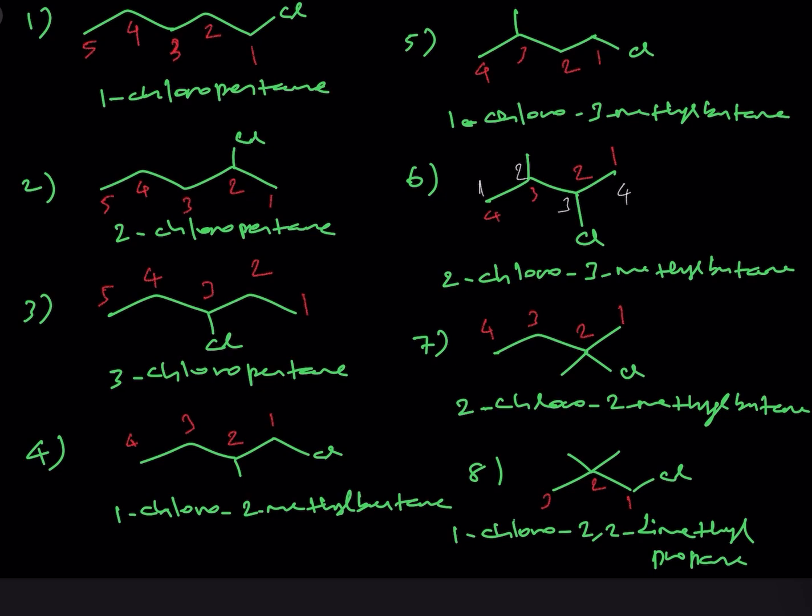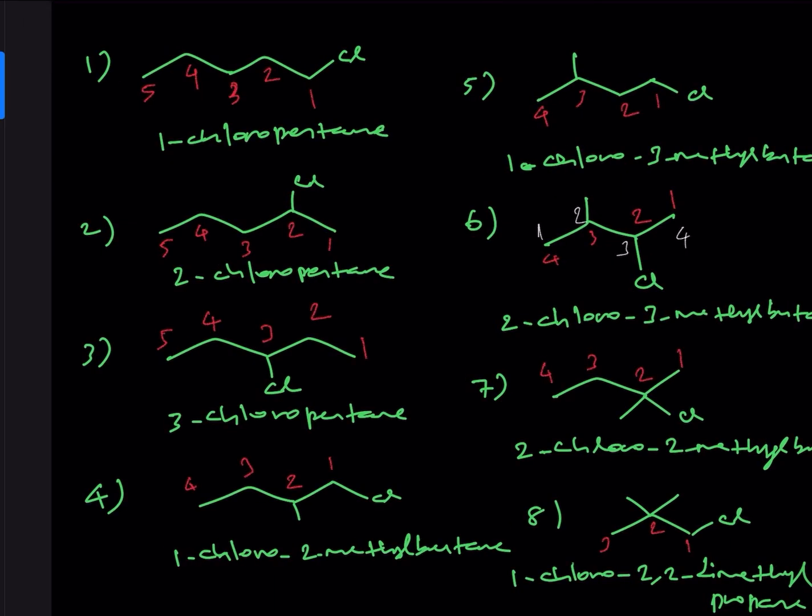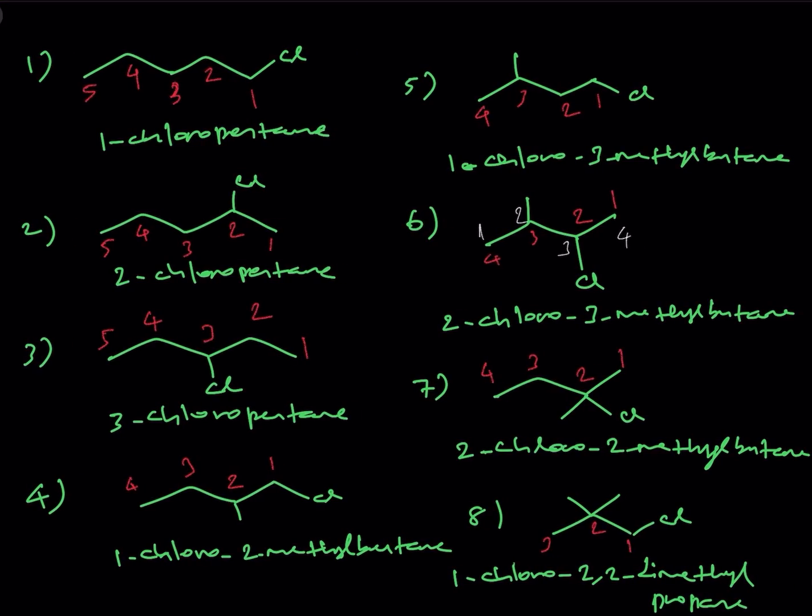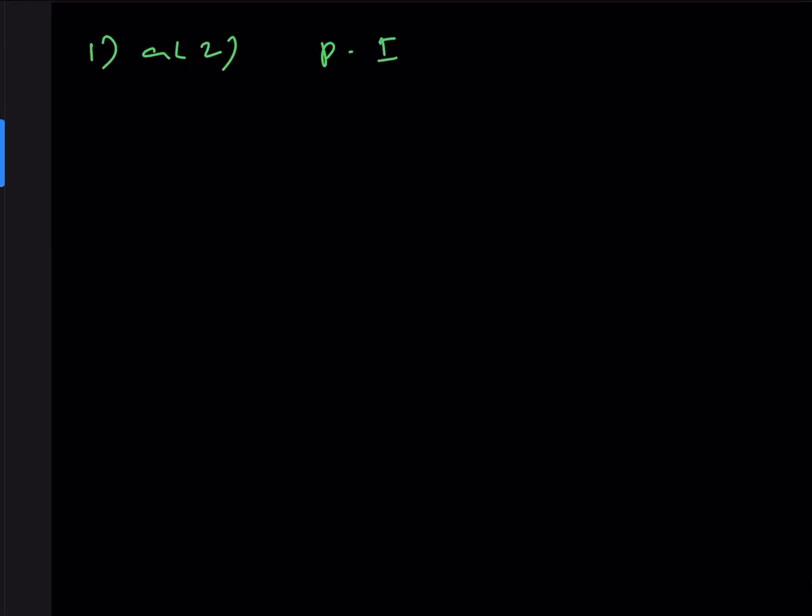1 and 2 are position isomers. Let's put it as PI. And what else is position isomers? 1 and 2 are position isomers. 2 and 3 are also position isomers. 1 and 3 are also position isomers. So let's write down that: 1 and 3 as well as 2 and 3.